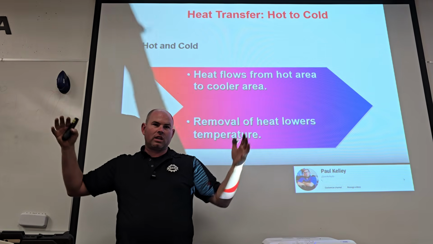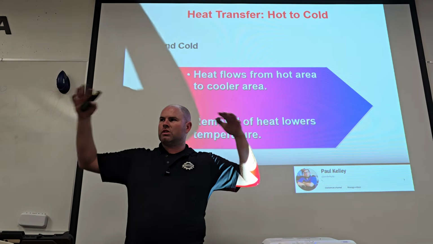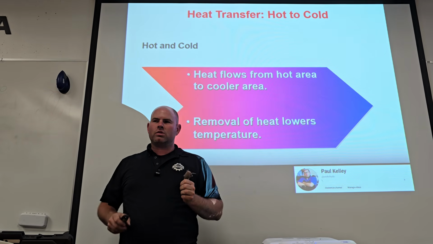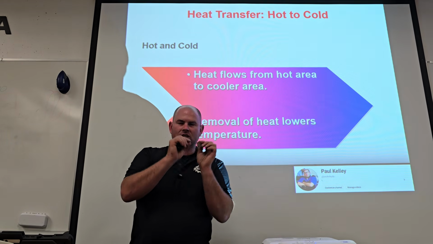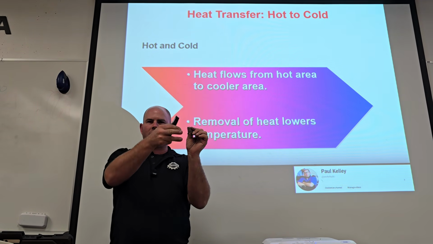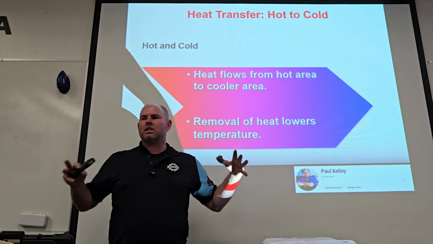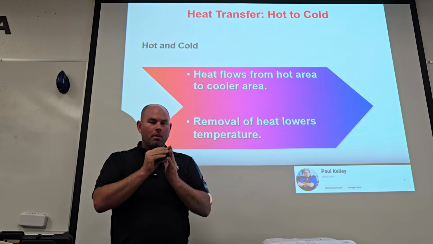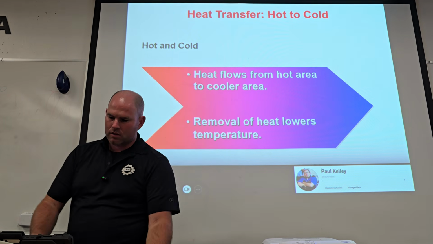This room actually has more heat energy in it. It would take a bigger cooling system to cool this whole room, even though it's only 80, than it would to cool a little piece of metal that's 600, right? Little piece of metal that's 600, you spray a little bit of water on it and it's no longer red hot. Cool? So you have to think of heat as a quantity, not just a temperature number. There's a lot of quantity of heat in this room.